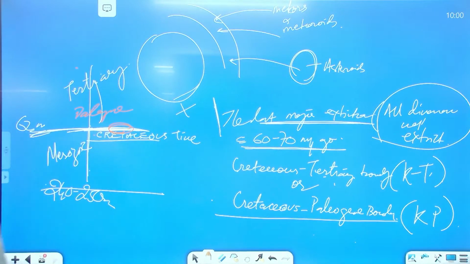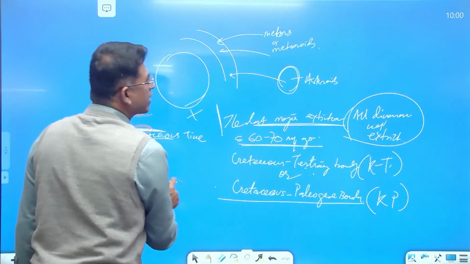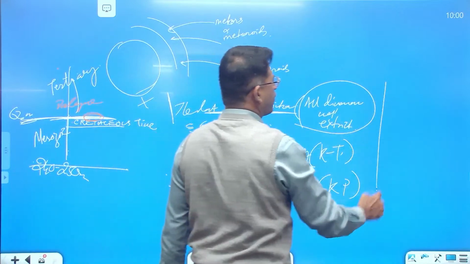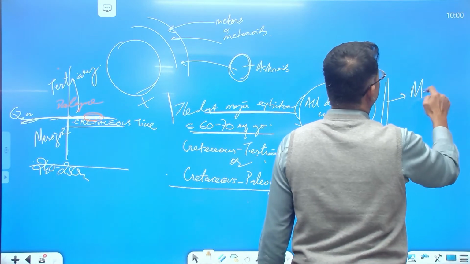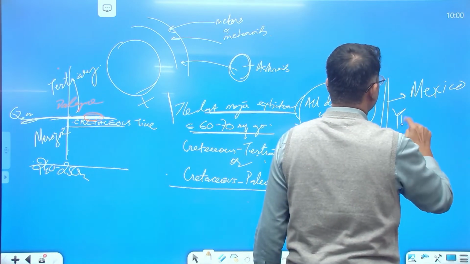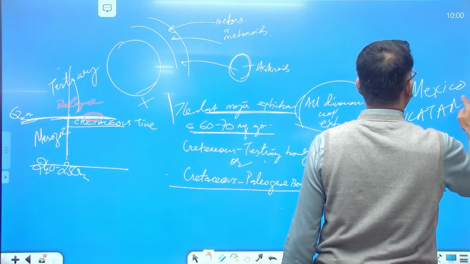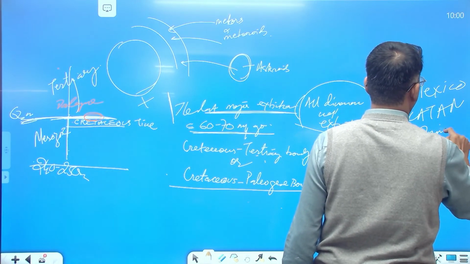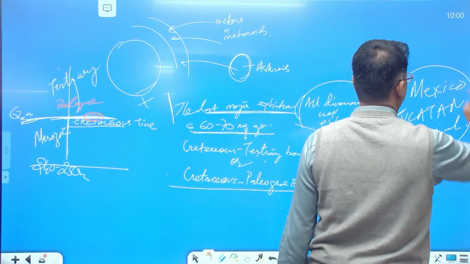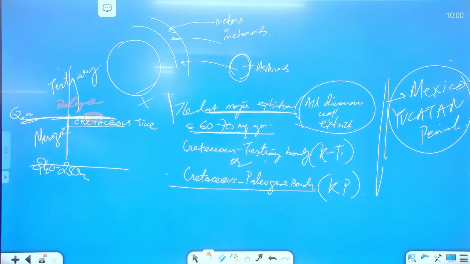Some of you, in geography, I would have told you this. Evidence of this impact was found in Mexico. In Mexico, there is a region called the Yucatan Peninsula.